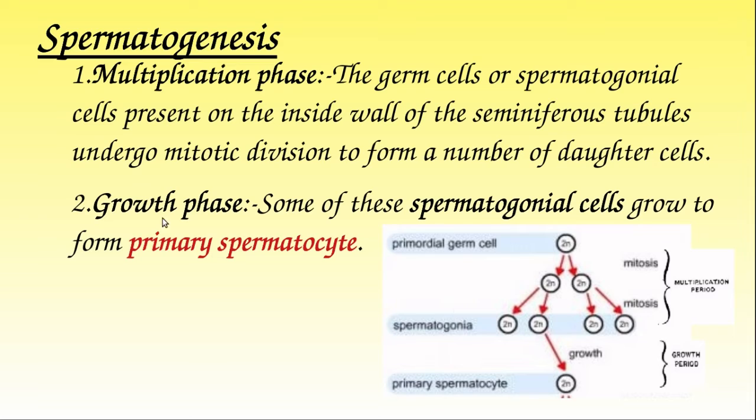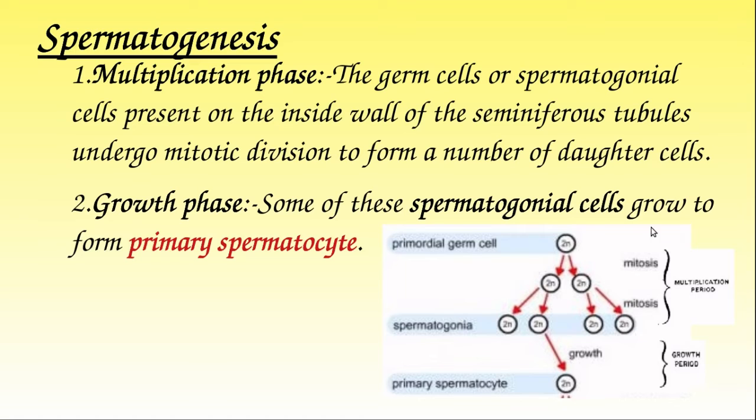Now, the next phase is the growth phase, or the phase of growth. During the growth phase, some of these spermatogonial cells undergo growth. They grow to become large in size. Okay, some of the spermatogonial cells grow to become large, and they are called primary spermatocytes.